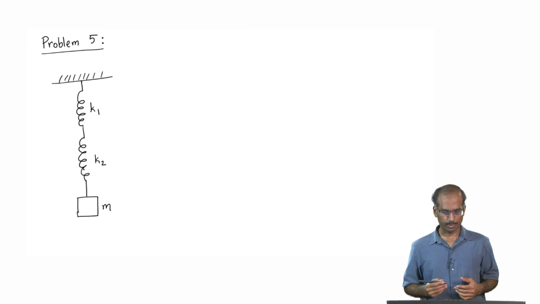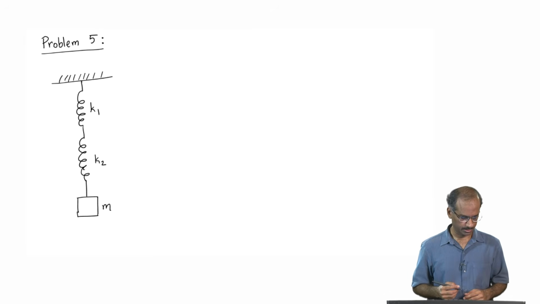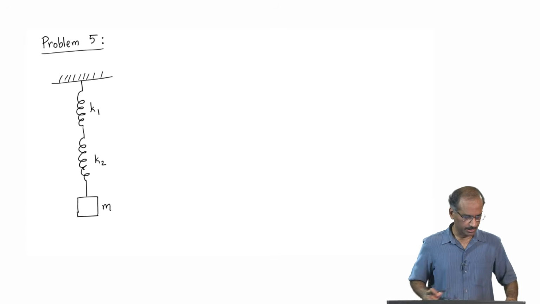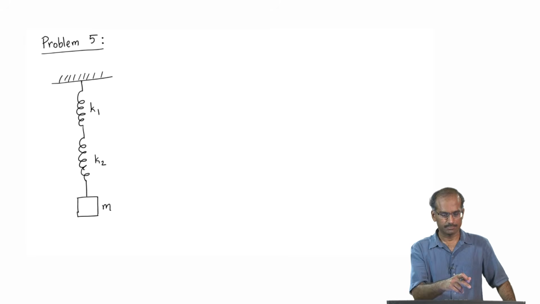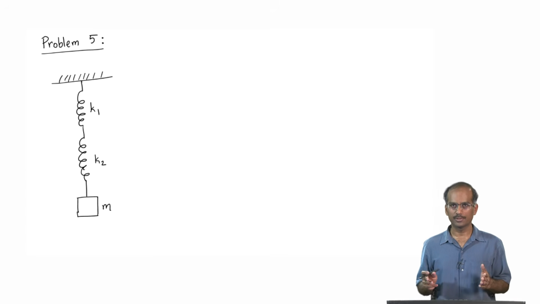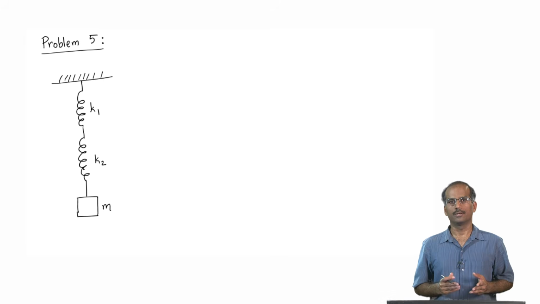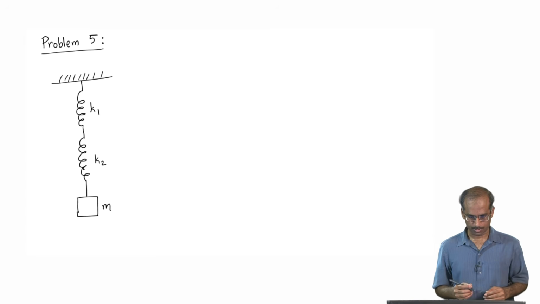So, I will not do this problem in full, but I encourage you to try it yourself. And the key idea here is that the restoring forces on the two springs would be the same. So, if you use this principle, you should be able to get the time period of this system. So, I am going to leave it for you to do this problem.